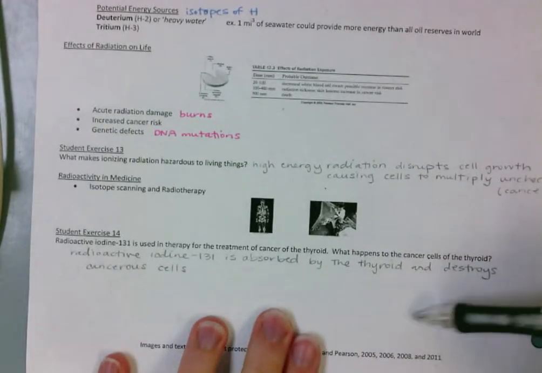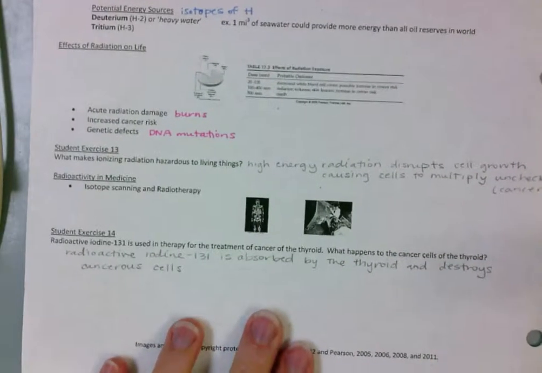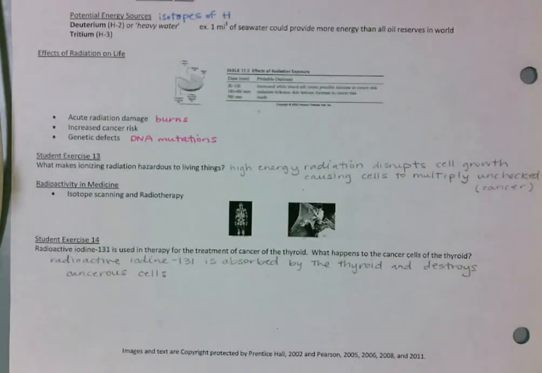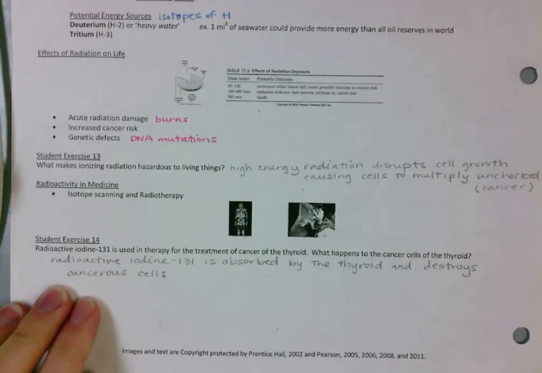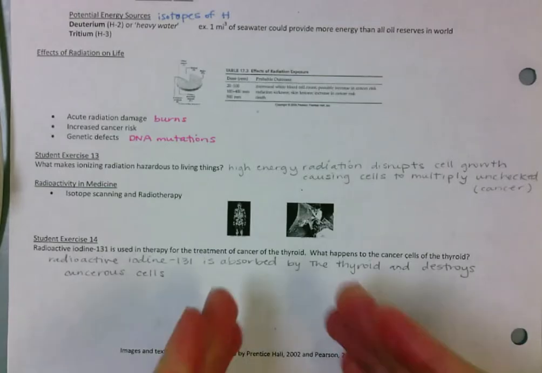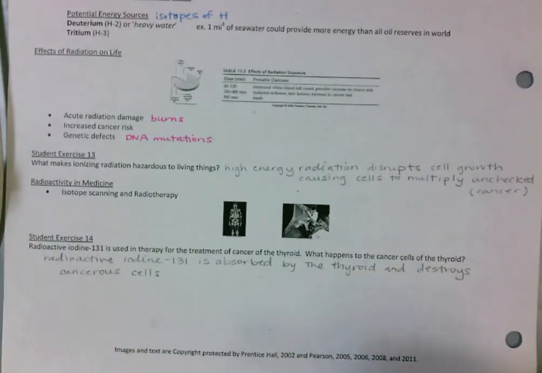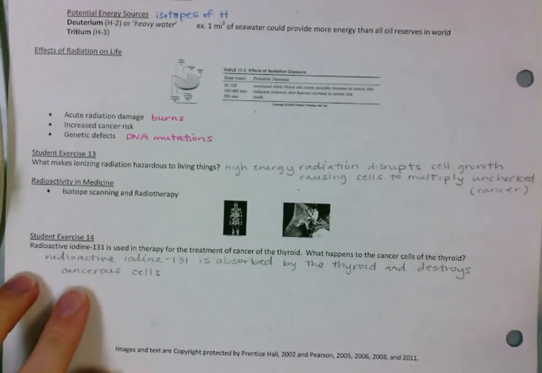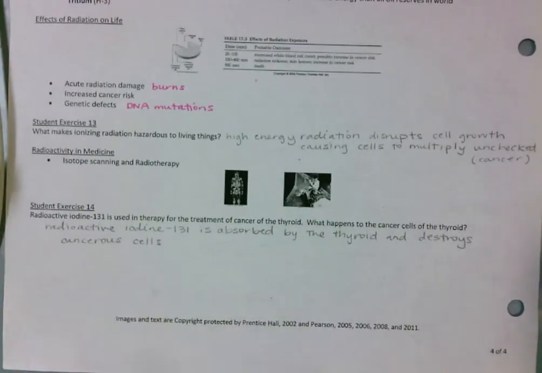Otherwise, we're going to damage a lot of good surrounding cells that we don't want to kill off, obviously. So we're just going to focus really in on a certain point and kill those cancerous cells with radiation in that sense. And that is the end of chapter 18 and the end of our packet.